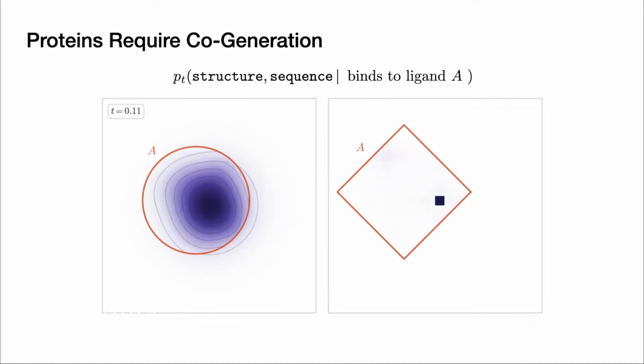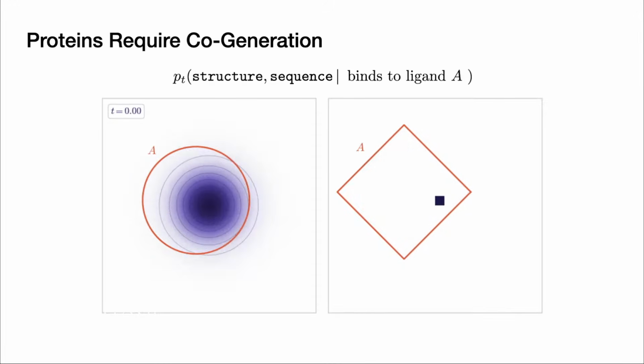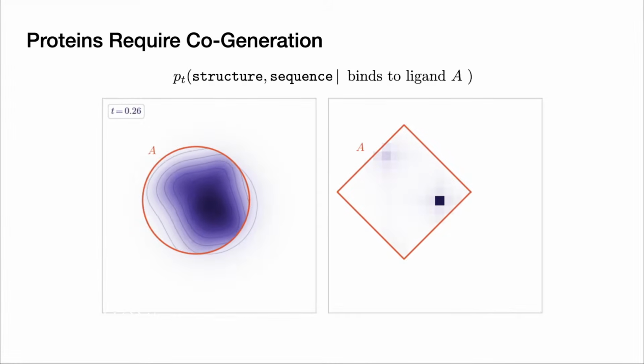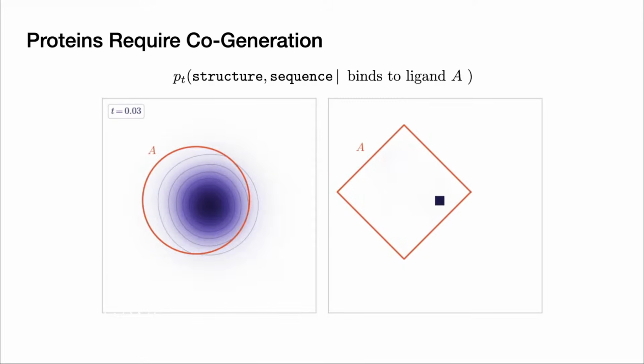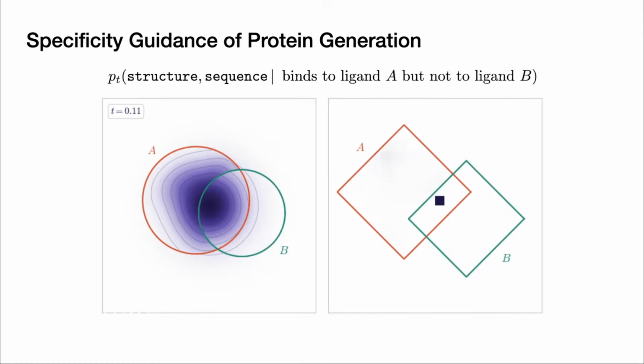So this is how we can think about it. This is the joint distribution of the structure and the sequence that bind to ligand A. And we have these sets defined by the ligands, and we can do the same operation.